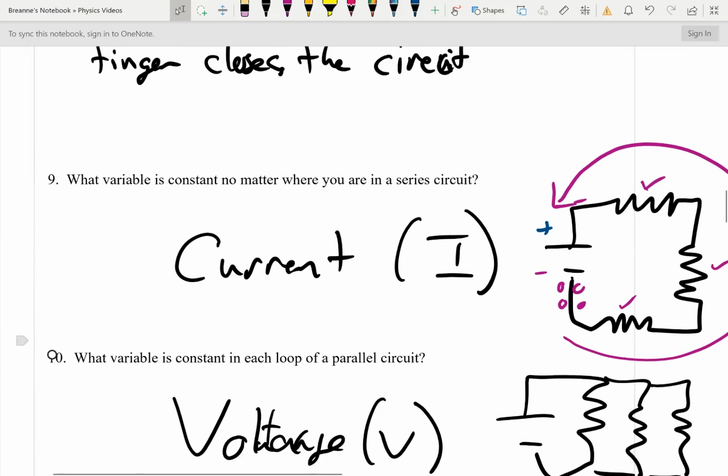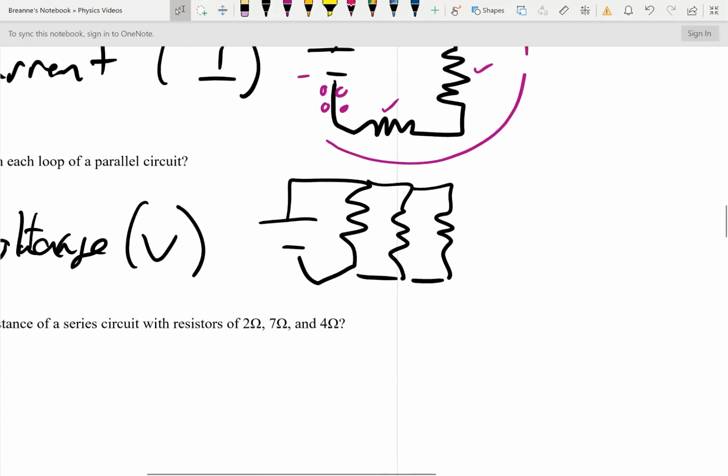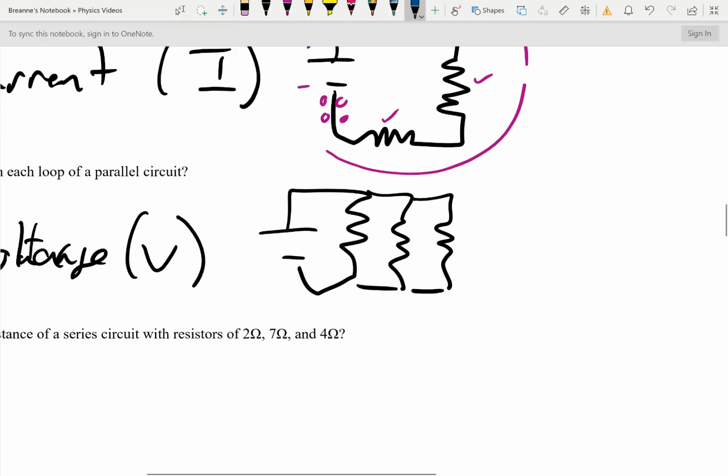Now your voltage is constant because they're all connected to the volts. If this was a 9-volt battery, this one's getting 9 volts. Going back to the 4 electrons, some are going this way, some this way, and some this way.